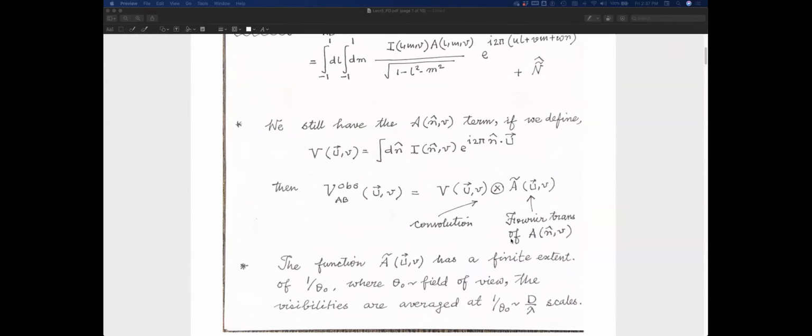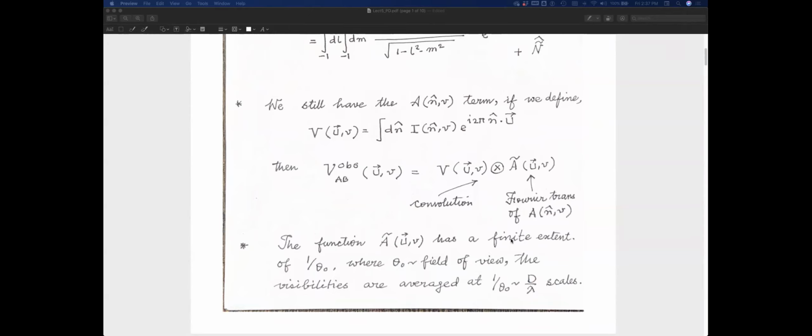So let me know if this point is clear, if there is any doubt at this stage. So in the baseline plane, if I choose two baselines which are as close as d by lambda or closer, I will not get any independent information from these two baselines about the sky.